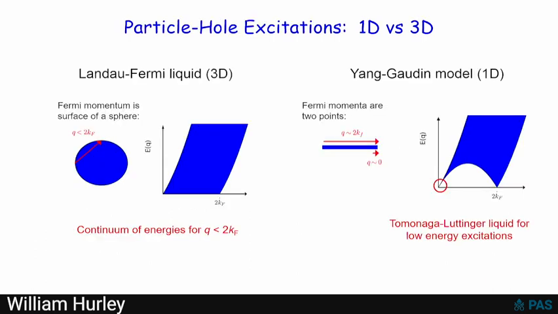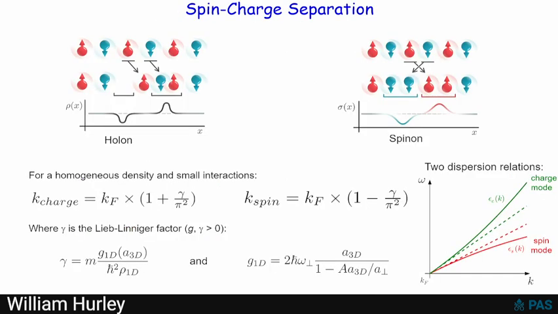So particle-hole excitations are different in the Landau Fermi liquid theory than they are in the Yang-Gaudin or Tomonaga-Luttinger liquid theory, in the sense that you have excitations just around the Fermi energy, and the Fermi surface is just 2 points, a low momentum and a high momentum point. So there are two excitations that people have identified in the Luttinger liquid theory. One is a charge or density excitation, and one is a spin excitation.